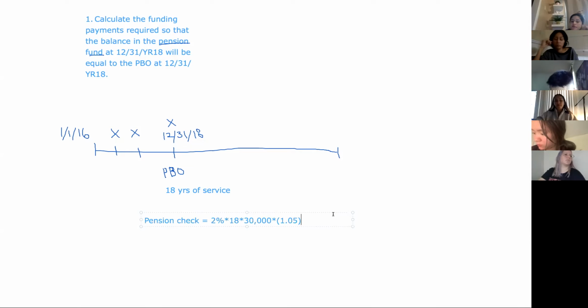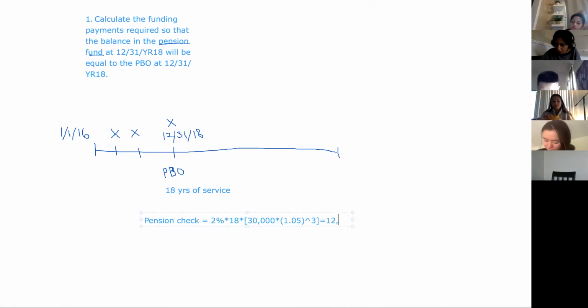It increases 5% per year, but to the power of 3 for 3 years. Therefore, his pension check will be 12,502.